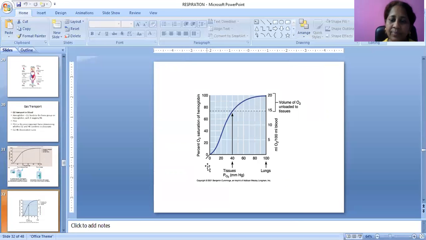In this diagram, we can clearly see partial pressure, hemoglobin saturation, 20, 40, 60, 80, and the volume of oxygen unloaded to tissues.